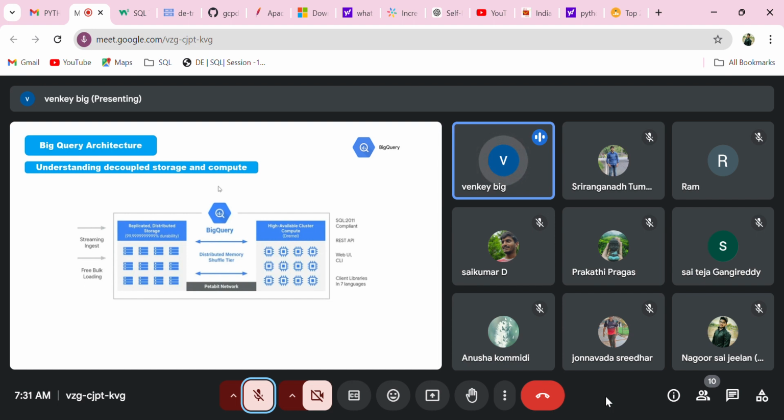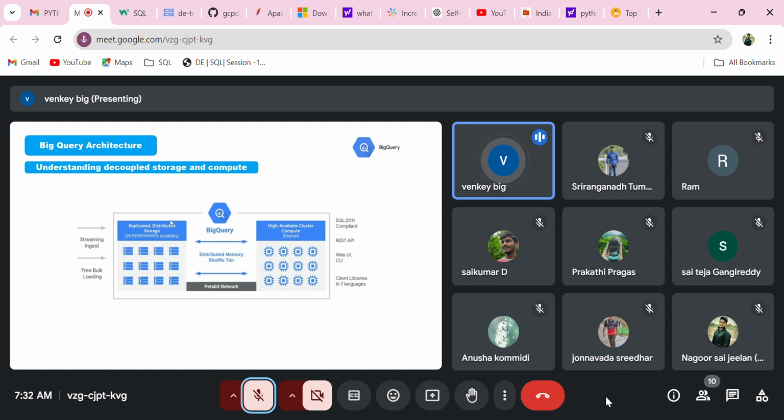So this is the sequence if you take any of the databases. Here, BigQuery supports streaming ingest, and it supports very huge bulk loading as well, right? Like other data warehousing systems, BigQuery also has a distributed storage. Distributed meaning the data will be stored in multiple different nodes, right? Multiple different nodes. So for the storage, it has a different technology.